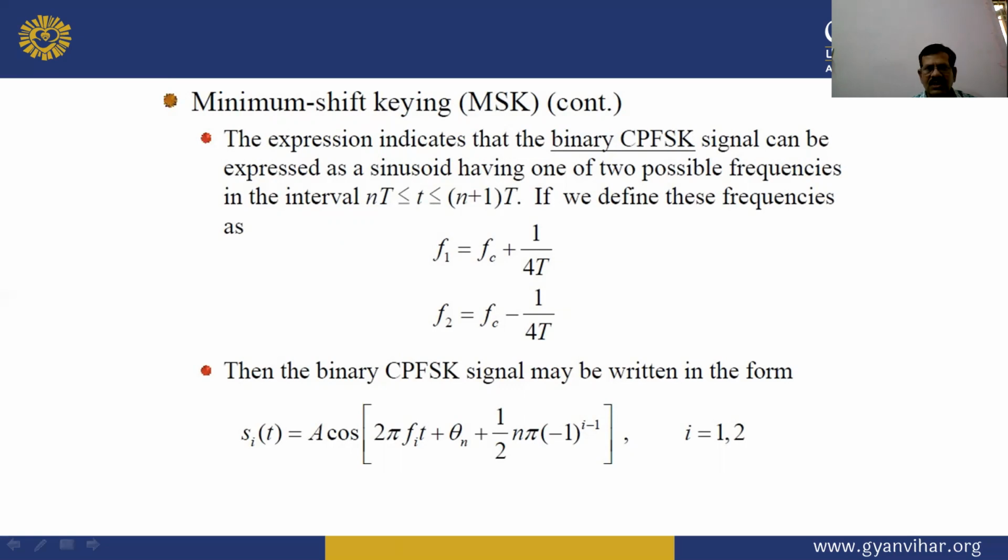If we define these frequencies f1 equal to f_c plus 1/4T and f2 equal to f_c minus 1/4T, then the binary CPFSK signal may be written in the form s_i(t) equal to A cos(2π f_i t + θ_n + (1/2) n π (−1)^(i−1)), where i equals 1 and 2.